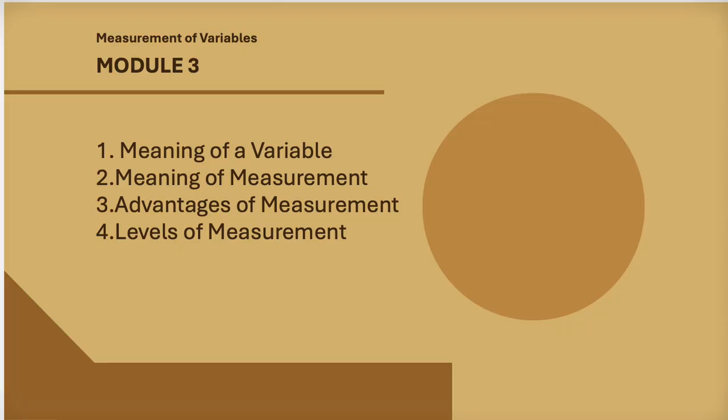Okay? So, let's say, mera pagid, Q-sort. Sa Q-sort, participants are given cards containing statements, words, or phrases. So, they arrange the cards along a bipolar dimension such as most important or less important, strongly agree to strongly disagree.